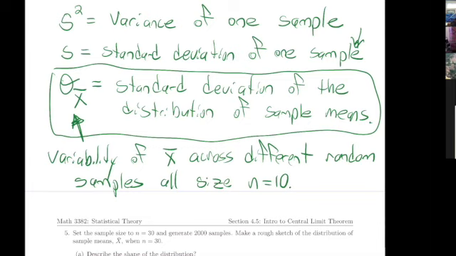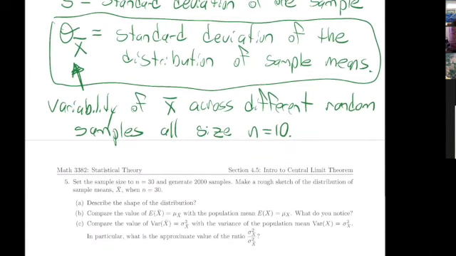And so what we would like to get a sense of is, how much variability should we expect? If I want to come up with an estimate for the population mean based on a sample, how much error should I build into my estimate? So this standard deviation of the distribution of sample means is called the standard error.